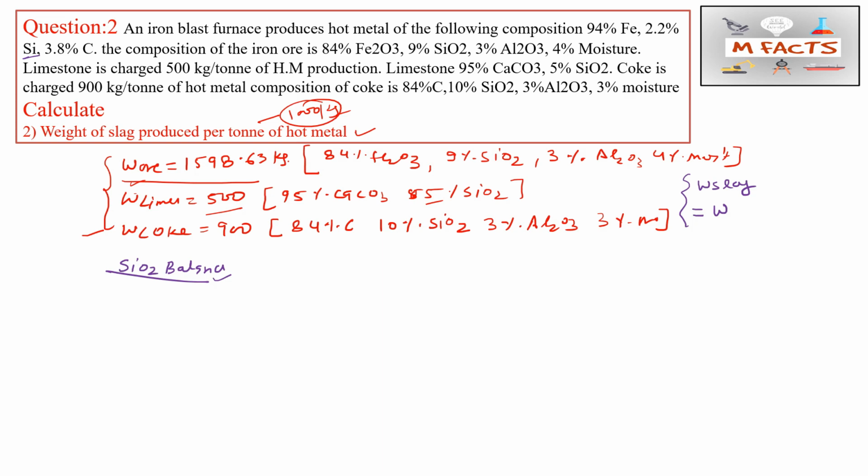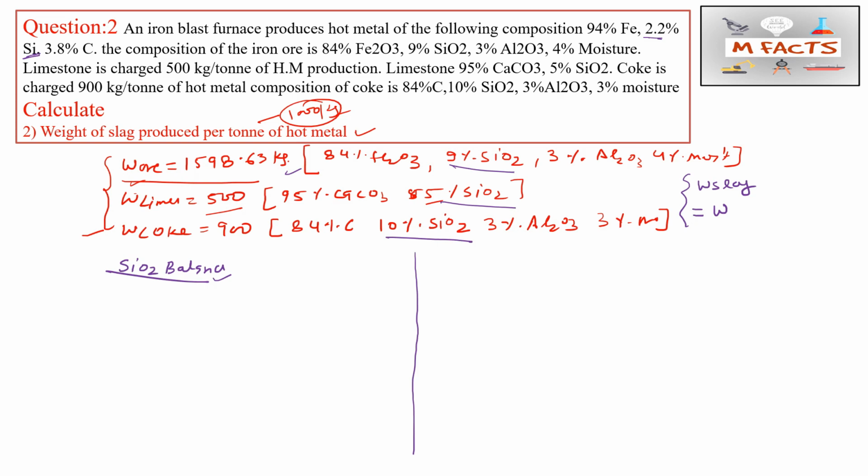I have written it in this way so we can easily calculate the SiO2 balance. SiO2 is in iron ore, also in limestone, and also in coke while inputting. Now we will see what the output is. The output is only 2.2% of silicon in hot metal, that is in silicon form, not in SiO2 form.